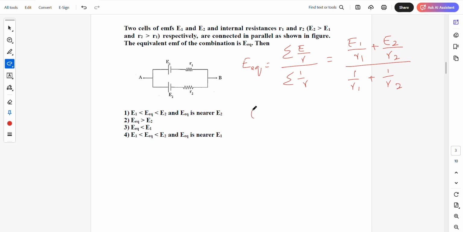If I simplify this one, what I can write? E1 R2 plus E2 R1 divided by R1 plus R2.